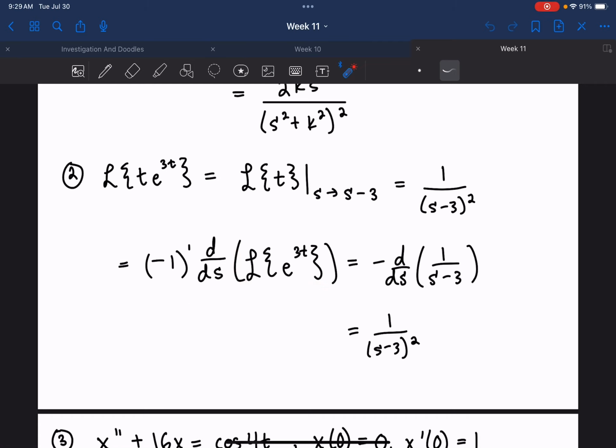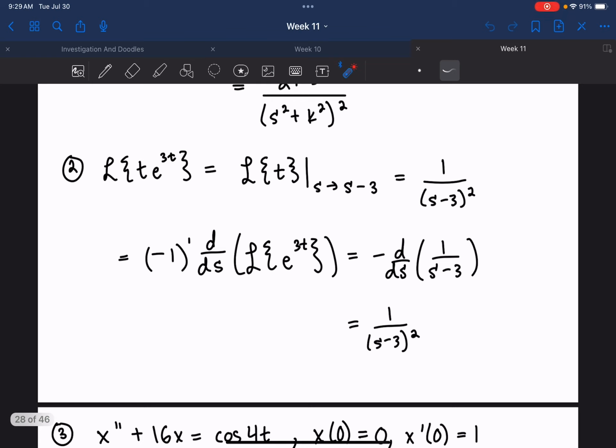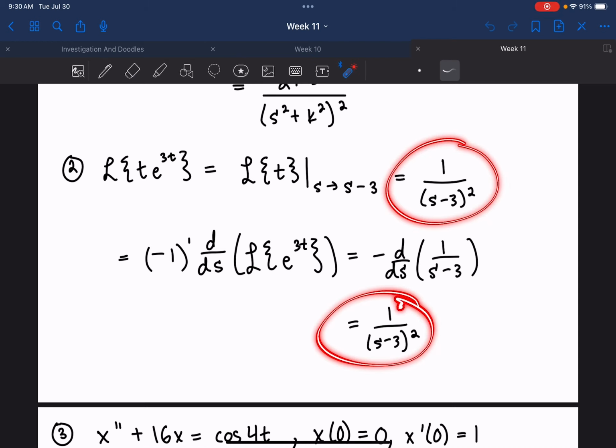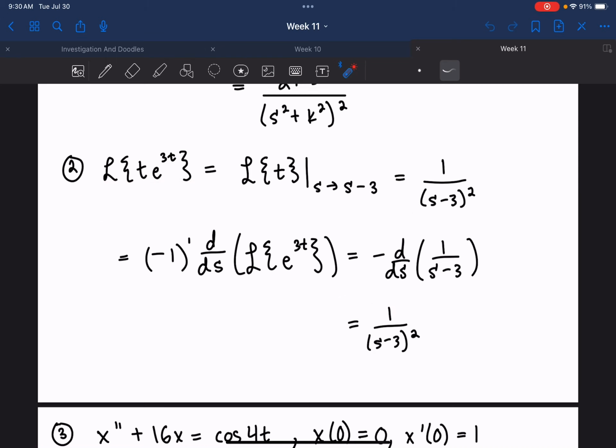And the Laplace transform of e to the 3t is 1 over s minus 3, which means taking the derivative, you get negative 1, s minus 3 to the negative 2, and you multiply by a negative 1 out front, so you get 1 over s minus 3 squared. And we can see that these are equal as they should be, because they're both equal to the Laplace transform of t e to the 3t. So this is option 2. This is option 1. No matter what you do, you get to the same conclusion, which is what we'd hope.